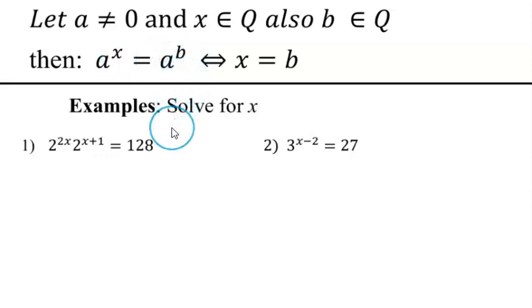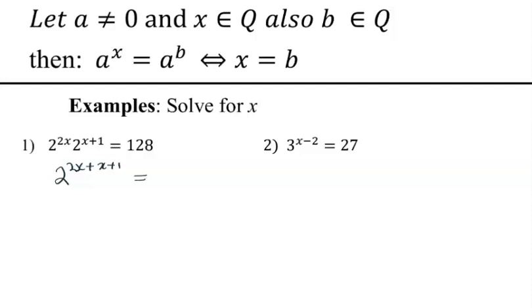So let us see. We can use the sum rule for multiplication, and on the left-hand side we can simplify that by writing 2 to the 2x plus x plus 1. On the right-hand side, we need to find what 128 is written as 2 to the something.